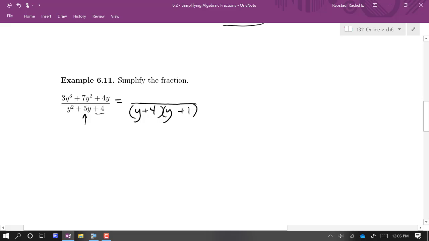Up top, it's a y cubed expression, but notice we could take out a common factor of y first. So I'm going to do that. That leaves us with 3y squared plus 7y plus 4. And then what's left there is a trinomial that I think we can unfoil.